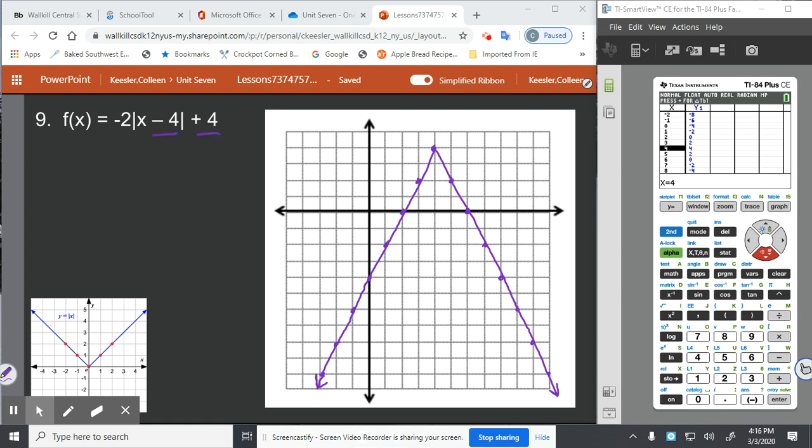So we know that this was shifted right 4 and up 4 and stretched by a factor of negative 2. Oh, stretched by a factor of 2 and reflected over the x-axis.